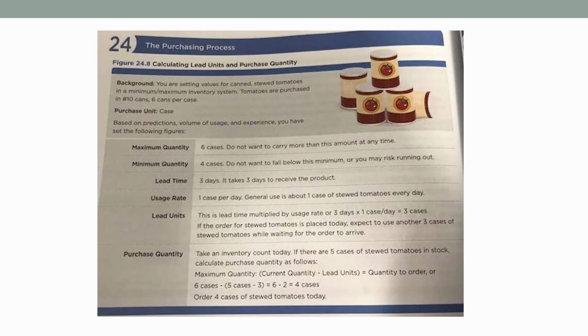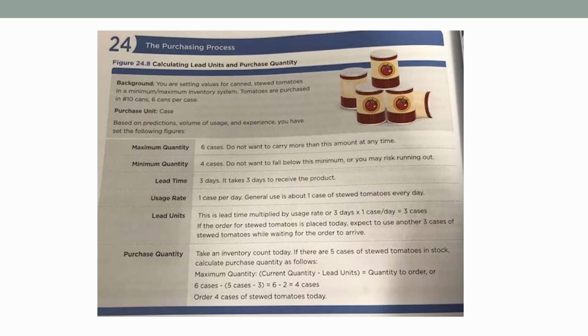So if I order 6, I'll have used 2, and then I'll actually have 4 on that. So I'm going to want to order 4 cases of stewed tomatoes today to ensure that I have enough to get where I want to go. So I want to have 6.